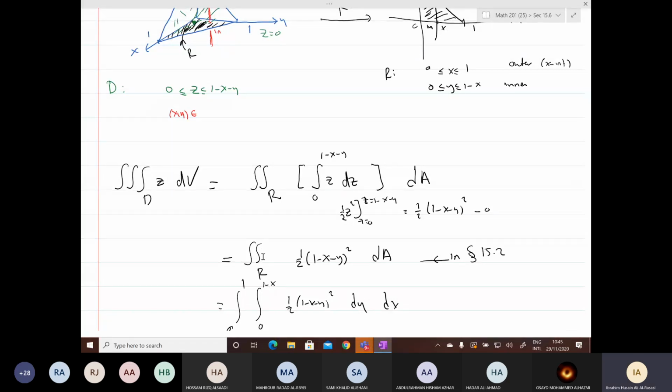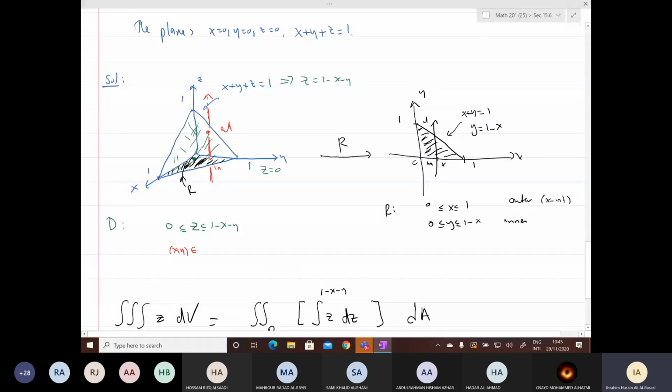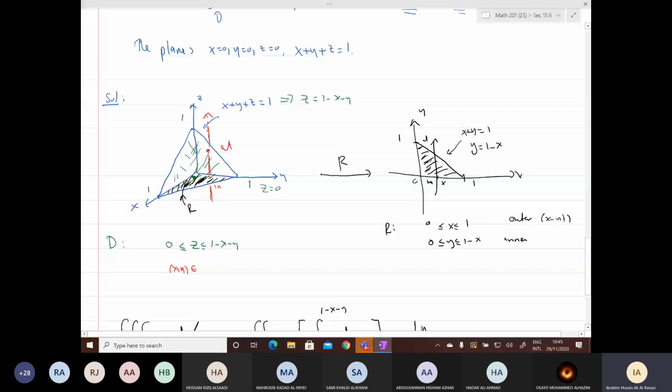In other words, every problem in triple integral will include a double integral, will include everything you did previously. So the double integral is included here. You have no choice. So this is one example about evaluation. We will give more examples next time.